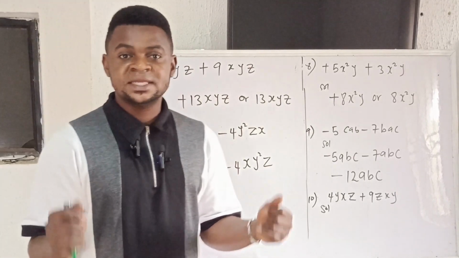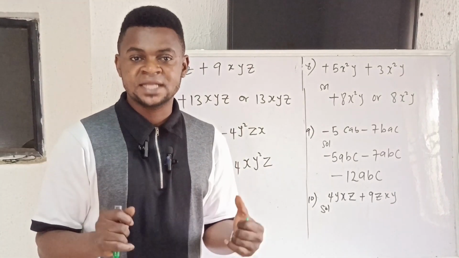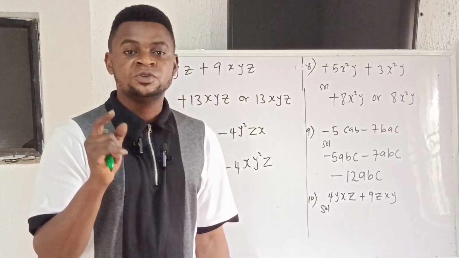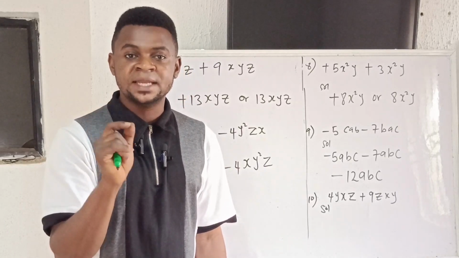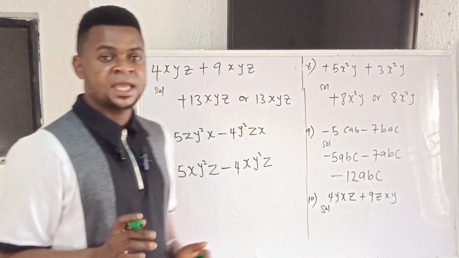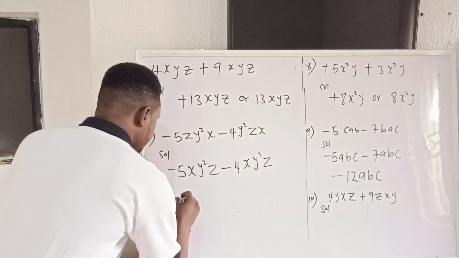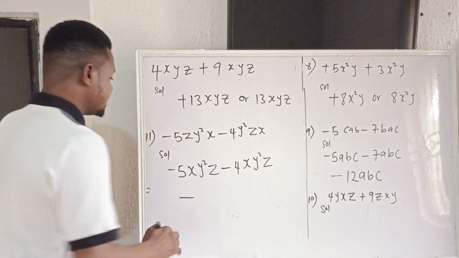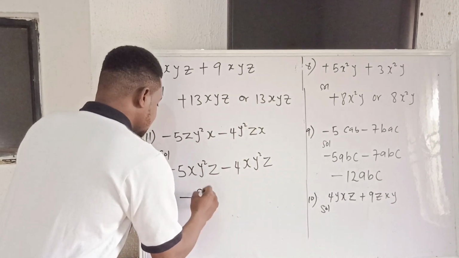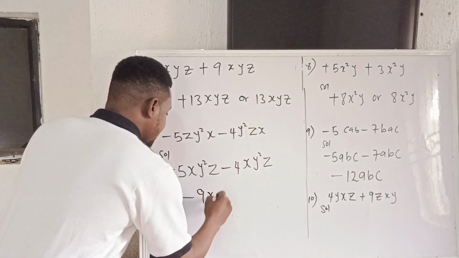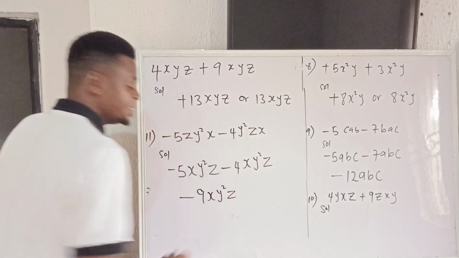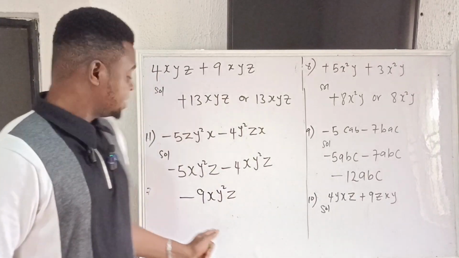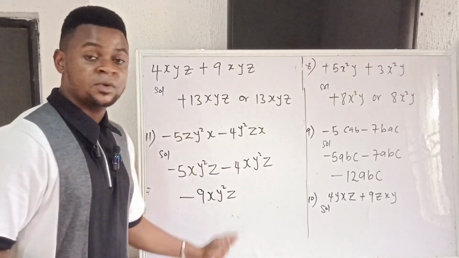Minus. So they are having the same signs attached to them. Since they're having the same sign, the rule says you pick one of the similar signs and add both terms together. So I'm going to pick my minus, then I'll add 5 plus 4, it gives us what? 9. Then I'm going to have x, y squared, z. Do you understand this now? So this gives us minus 9x y squared z.